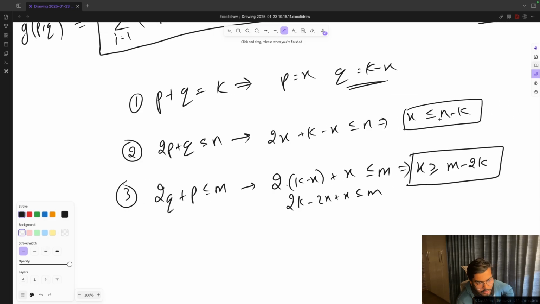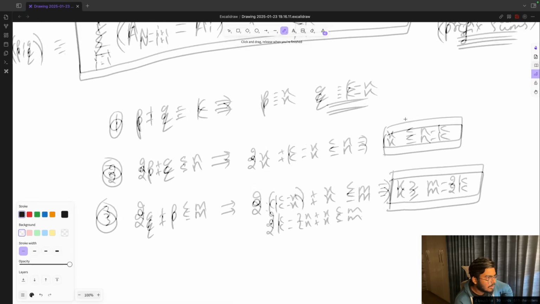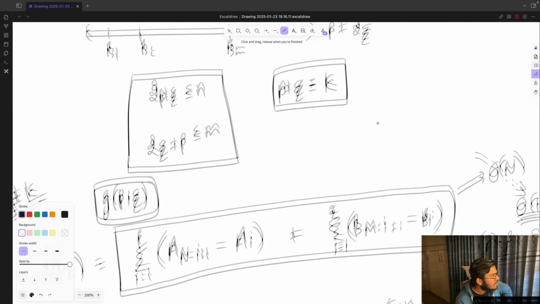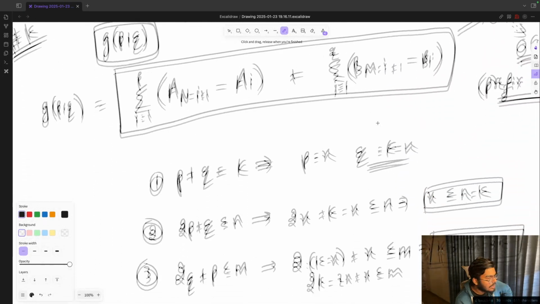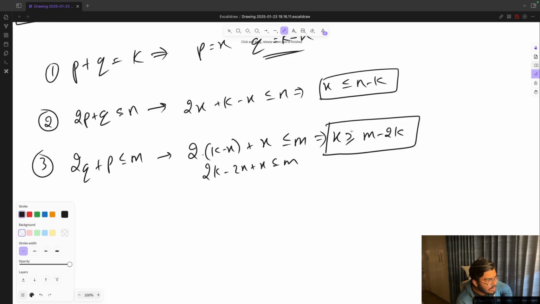So x is basically the number of operations that we are performing on line 1, right? Obviously there will be more constraints. Since x is greater than or equal to this, it can happen that the 2k value is much greater than m, right?